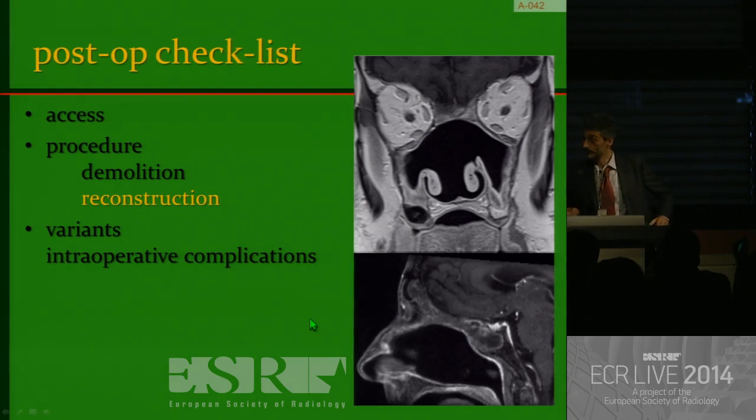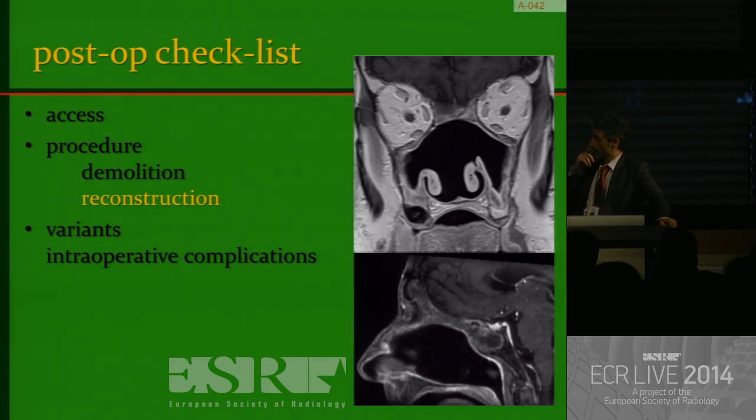The point is that when you are dealing with a patient that has been treated surgically, you must fill in your mind a form with a post-op checklist, which means you must know, or you must ask the surgeon, what was the access, what procedure was performed, which means what demolition did it entail, and how the anatomy was reconstructed.